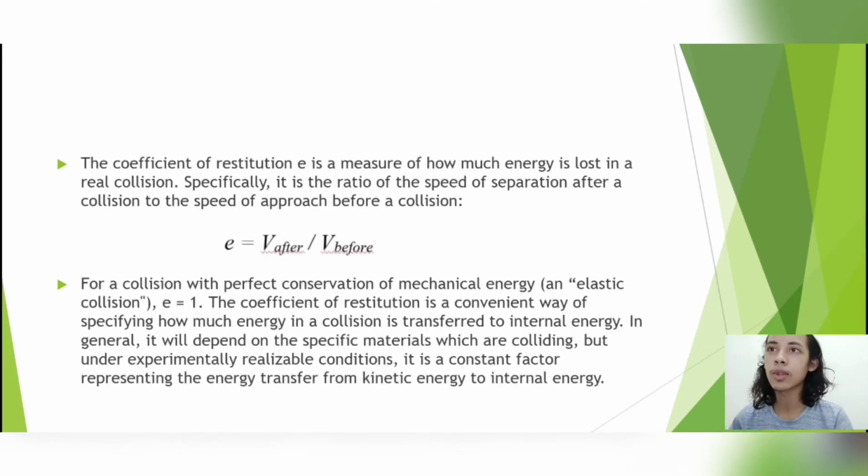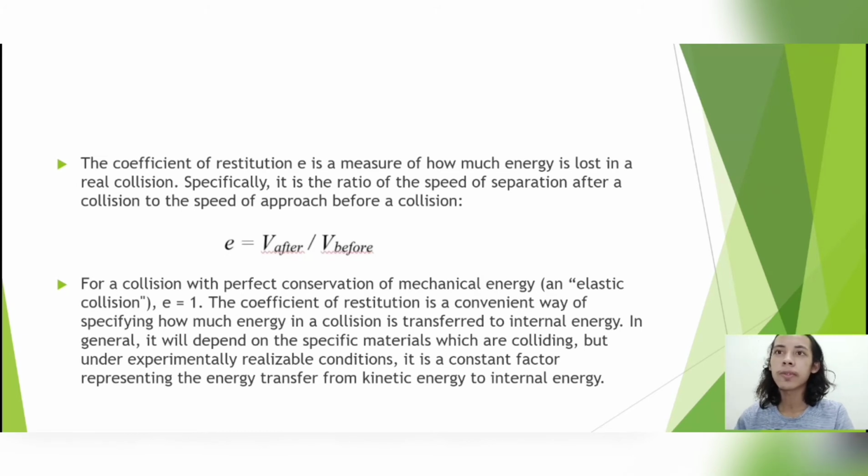About our question, we know about the coefficient of restitution. E is a measure of how much energy is lost in a real collision. Specifically, it is the ratio of the speed of separation after a collision to the speed of approach before the collision. For a collision with perfect conservation of mechanical energy, E equals 1.